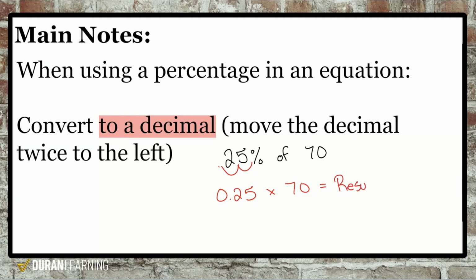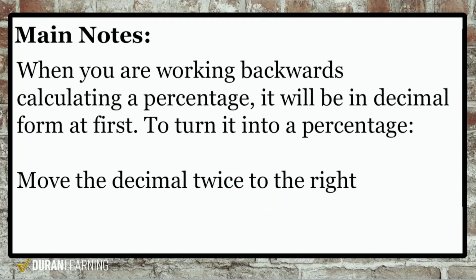It's not listed as a percent anymore. It's listed as a decimal. And so because of that, we have to understand that when we're solving for that percentage, it's going to be in decimal form.